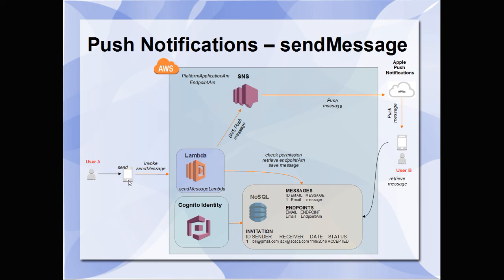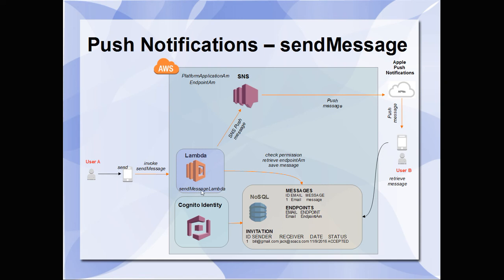The application on the mobile device uses the SDK to invoke a sendMessage Lambda function. Of course, like I said, the user is already logged in, so there's a security token there that says Cognito identity identifies this user as an authenticated user. The user can now invoke a Lambda function because they're authenticated into Cognito.